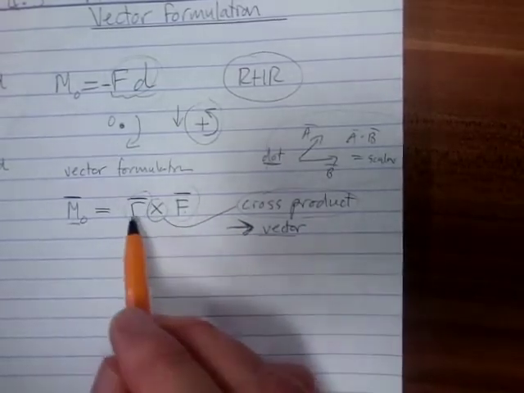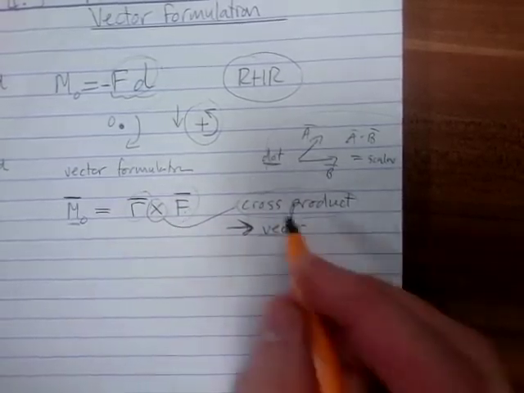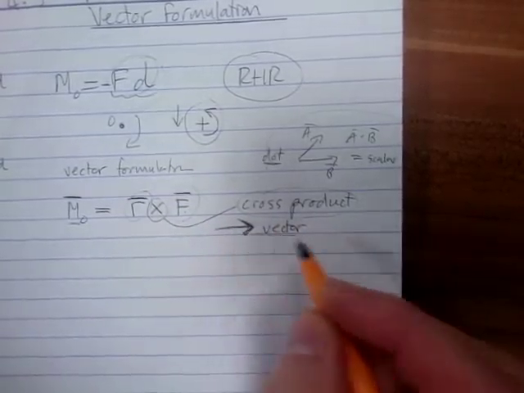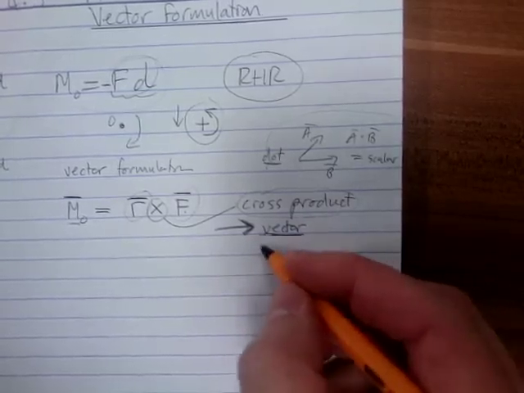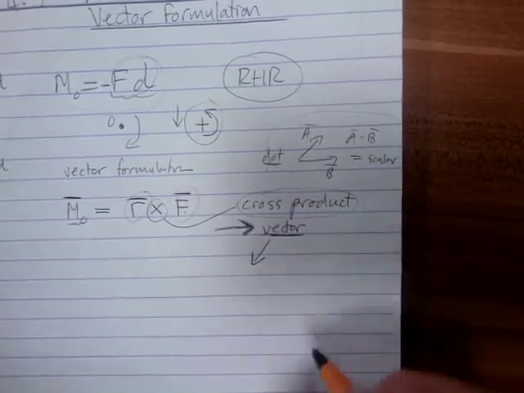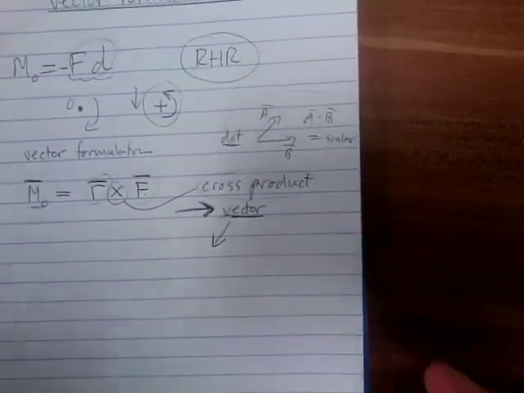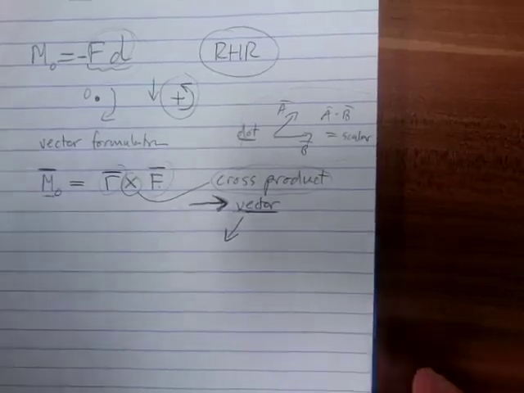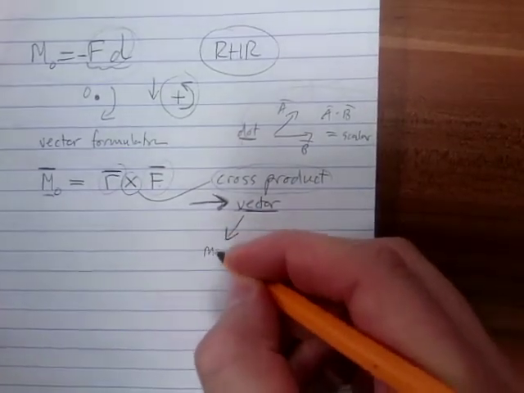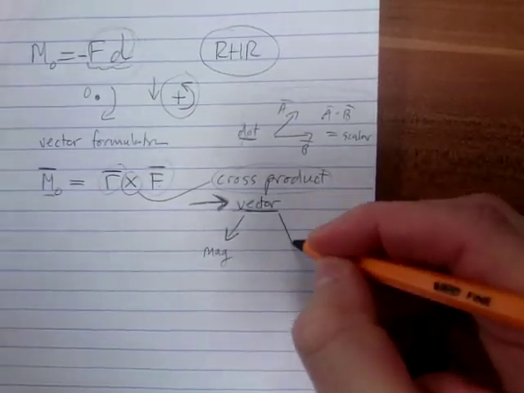Okay? When we carry out the cross product, we are going to get a vector. What does this vector mean? This vector will have two components. Can you even possibly imagine what these two components will be? One will be a magnitude, and what do you think the other one will be?